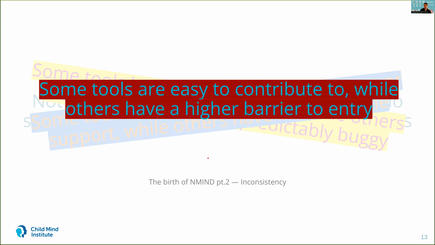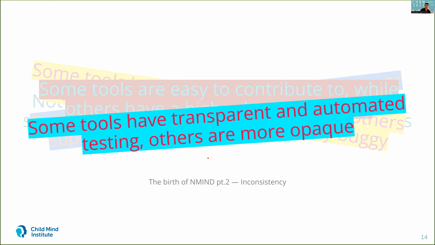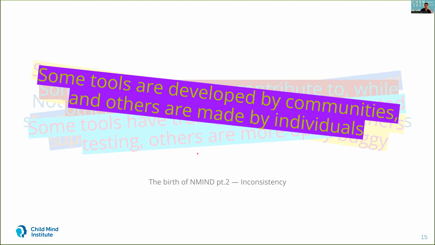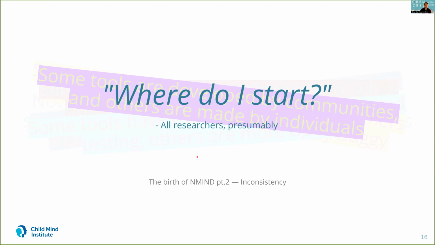Some tools are easy to contribute to, and others may be a little bit less obvious. They have a higher barrier to entry. Some tools have transparent and automated testing, and others are a little bit more opaque. And this list of questions can go on and on and on. Even down to the level of which of these tools are developed by communities versus those that are developed by individuals. And really what this leads us all to say is, where do I start? How do I actually make the best use of this space to produce effective science?